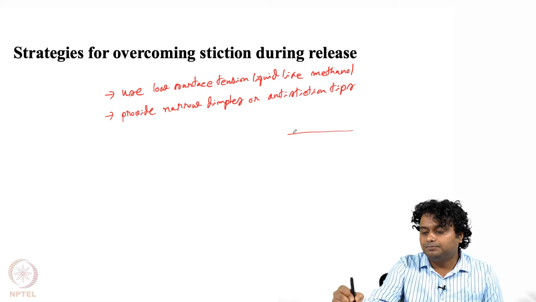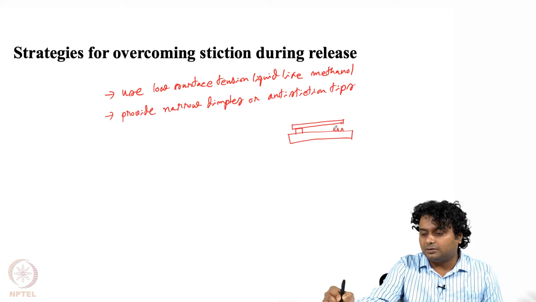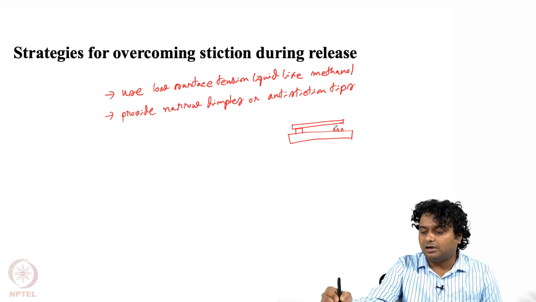Let's say this is the substrate, as I was drawing, and on top of that you have the cantilever. And then here near the tip, you can put some narrow dimples or anti-stiction tips. So even if it gets pulled in, the contact area will be very less, because these are very sharp tips, so the contact area will be lesser, and the adhesion force will never be higher than the restoring force. So it will not get permanently stuck to the substrate.